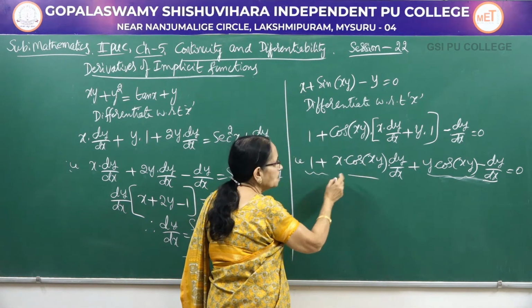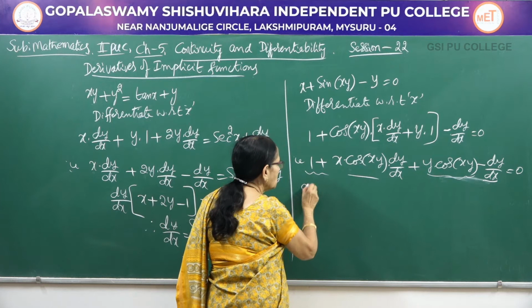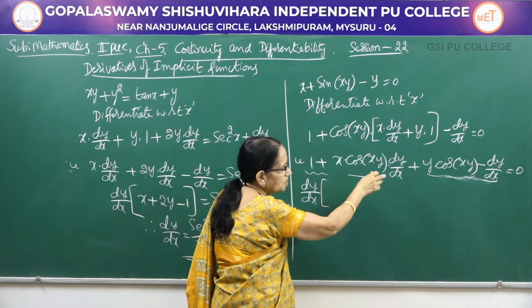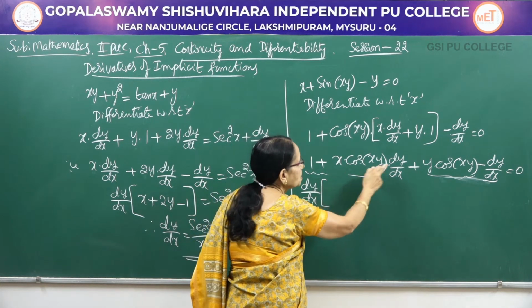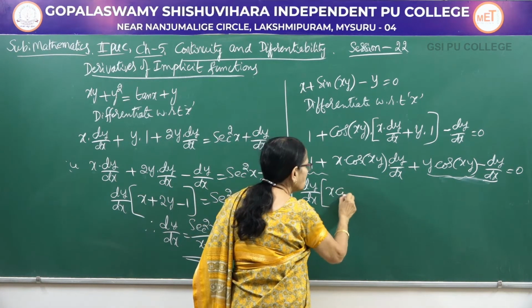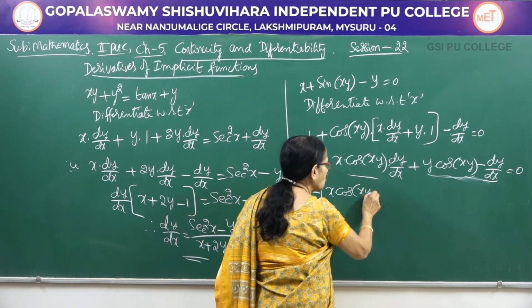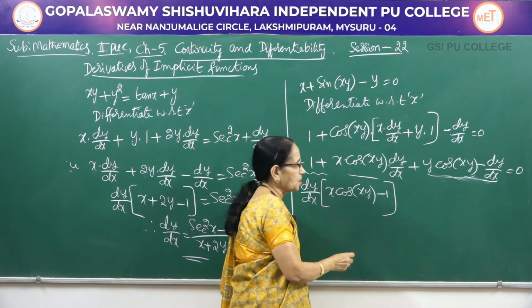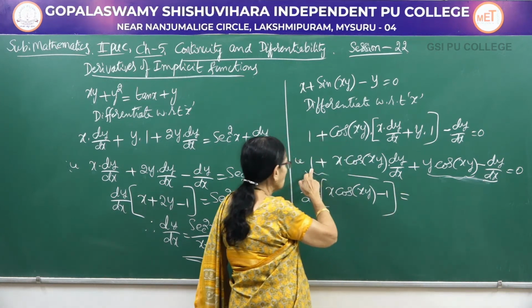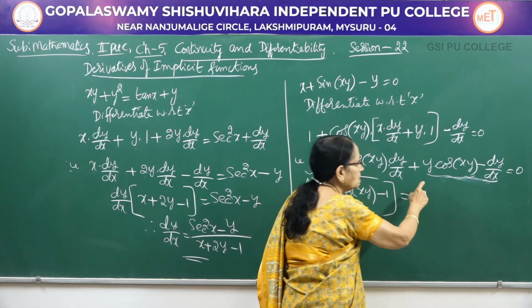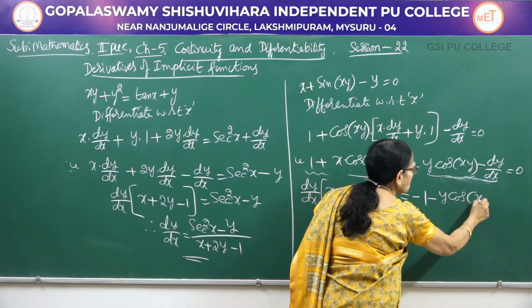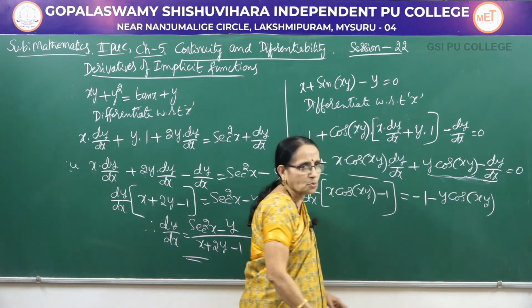So take the common factor dy by dx from the two terms which I have underlined. What is remaining? x into cos of xy, minus 1, that is the coefficient. Now shift the other term: 1 becomes minus 1, and y into cos xy becomes minus y into cos of xy.